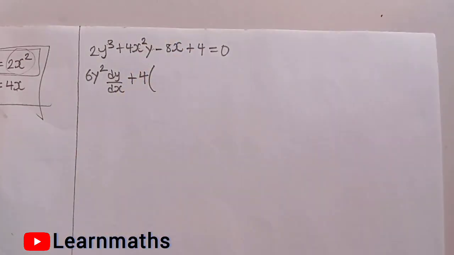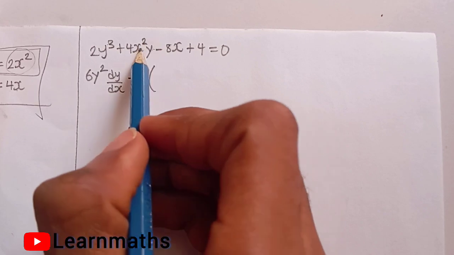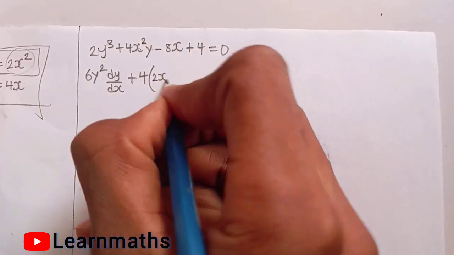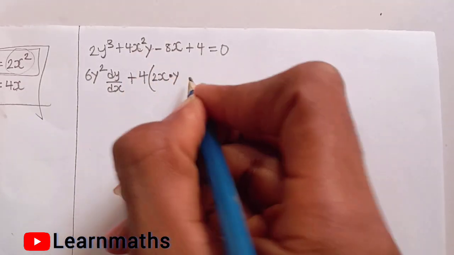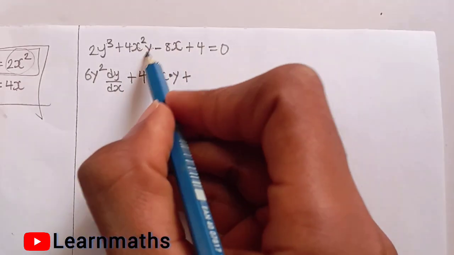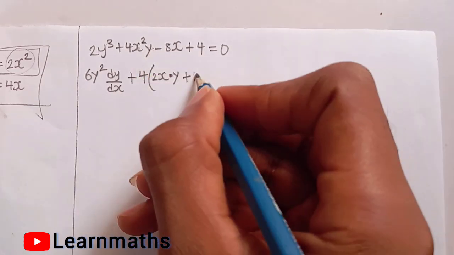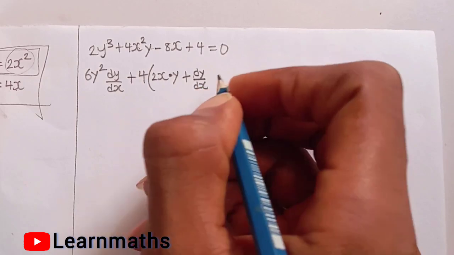I will differentiate x squared, multiply with y, then differentiate y, multiply with x squared. The differential of x squared is 2x. You multiply that with y, plus the differential of y, which is 1, but as usual, we attach dy/dx whenever we differentiate y.